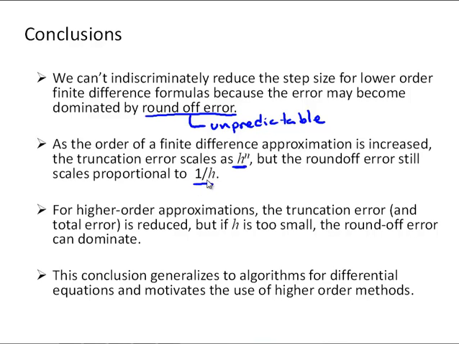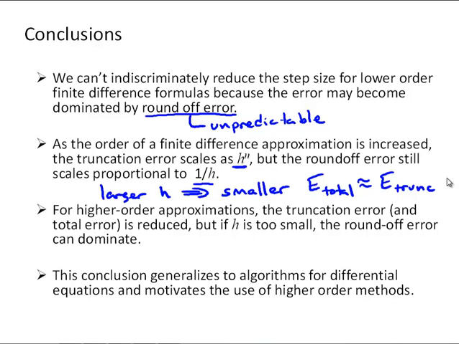So that's what leads to that result where as we go to a higher order method, a larger h yields a smaller total error, which is mostly dominated by the truncation error, again with a higher order method. So the truncation error and the total error is reduced for those higher order approximations, but we still have to be careful because if h is too small, the round-off error can dominate.